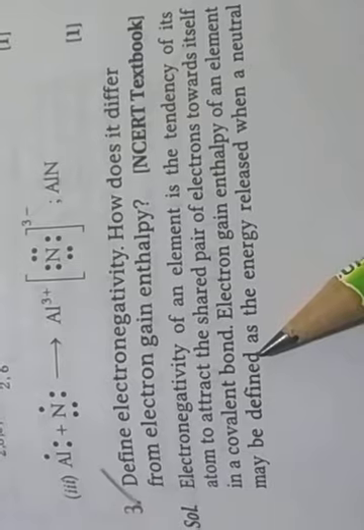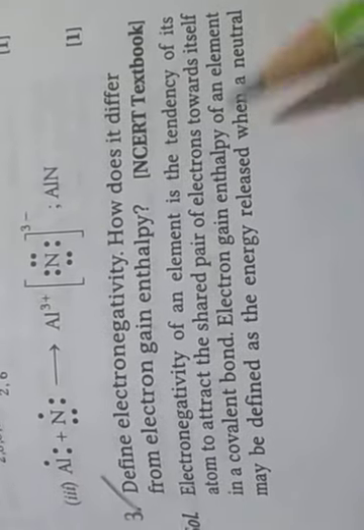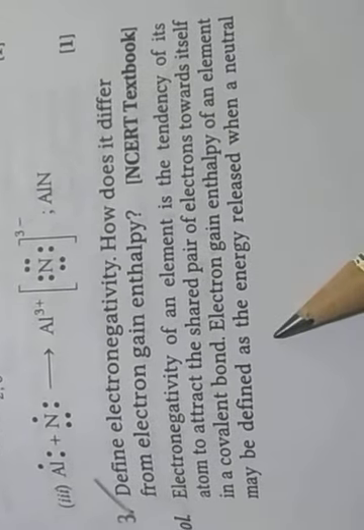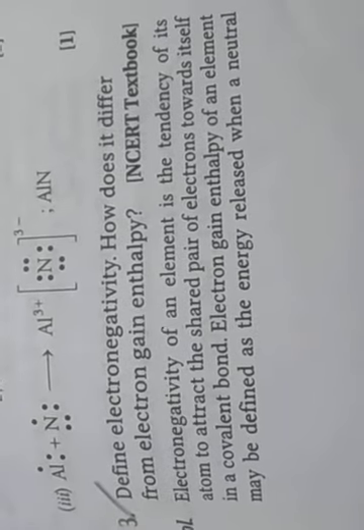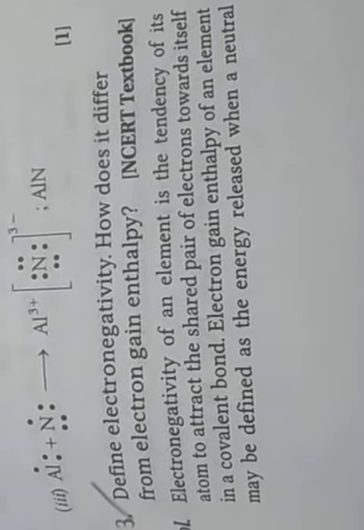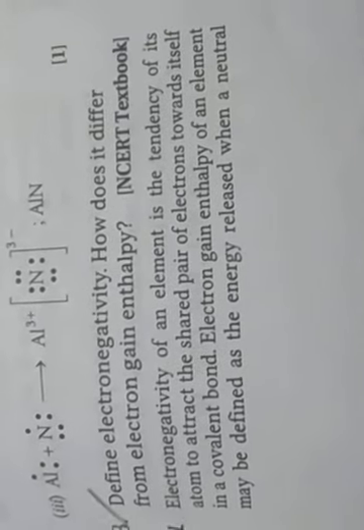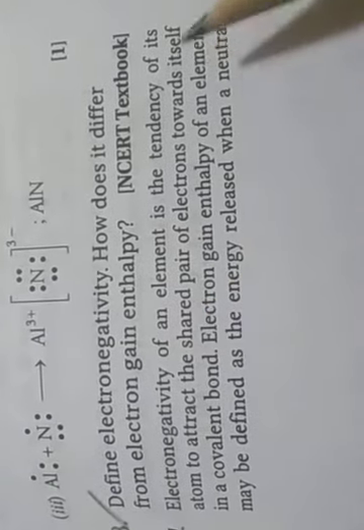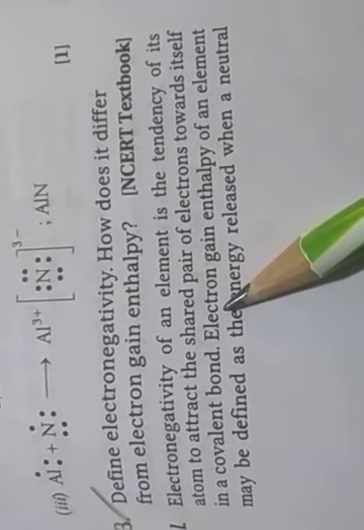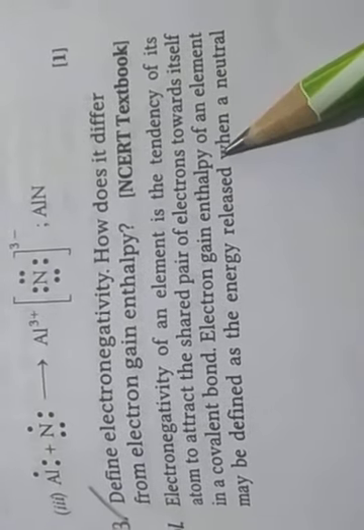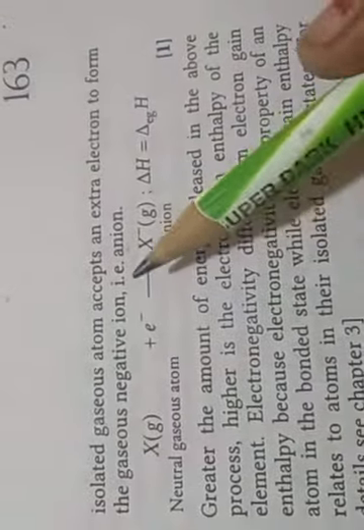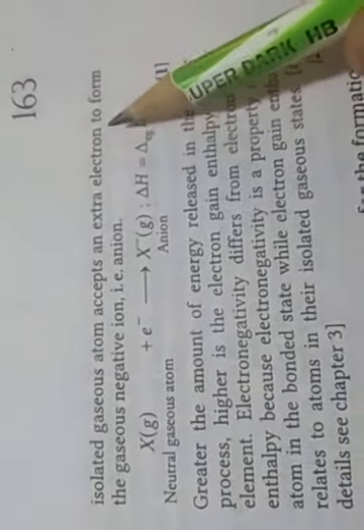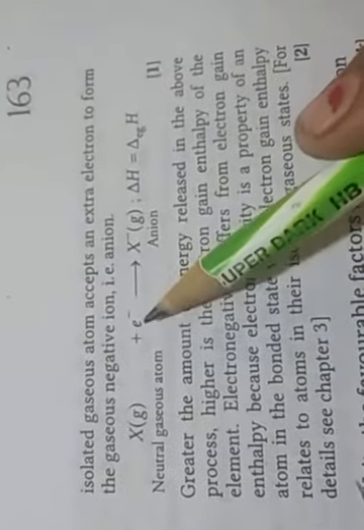And electron gain enthalpy of an element may be defined as the energy released when a neutral isolated gaseous atom accepts an extra electron to form a gaseous negative ion.